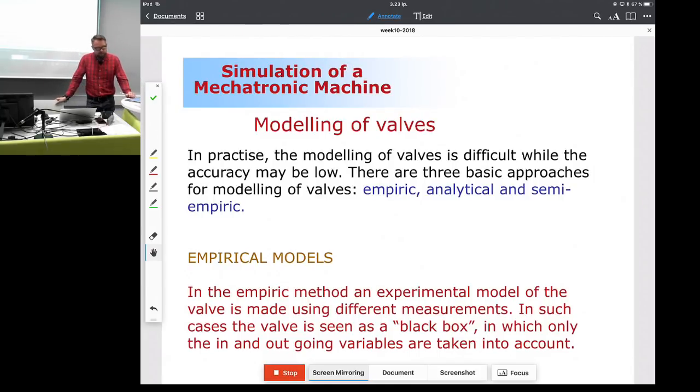Now, the different approaches to make this happen can be categorized such that we can either use empirical models. Empirical models are just a set of experiments, a set of measurements. We can create a black box based on these measurements, where we send the measured signal as input to the black box, and what comes out is a flow rate.